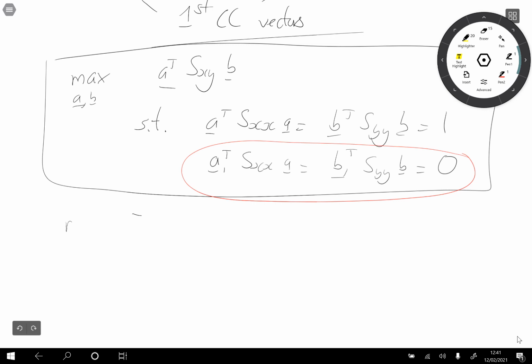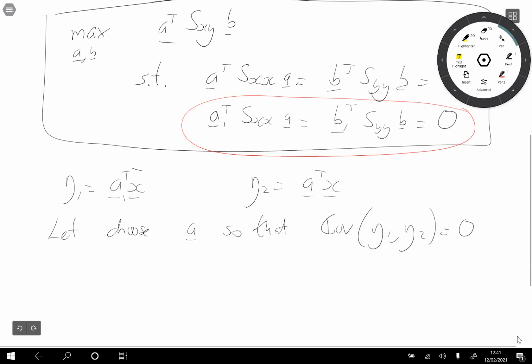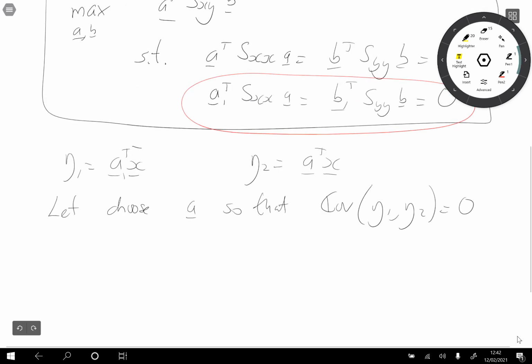Our first transformed variable, eta1, was A1 transposed X. And our next variable, let's call it eta2, is also going to be of the form A transposed X. But let's choose A so that the correlation between eta1 and eta2 is 0. If we're going to transform the variables, it makes sense to transform them to be uncorrelated. Otherwise, they're measuring the same information twice.